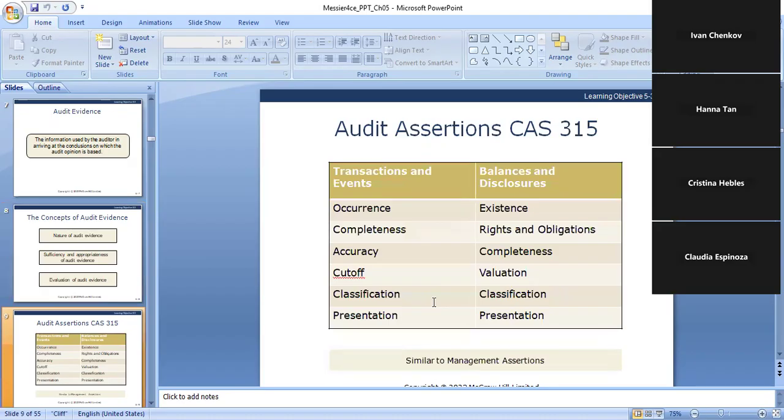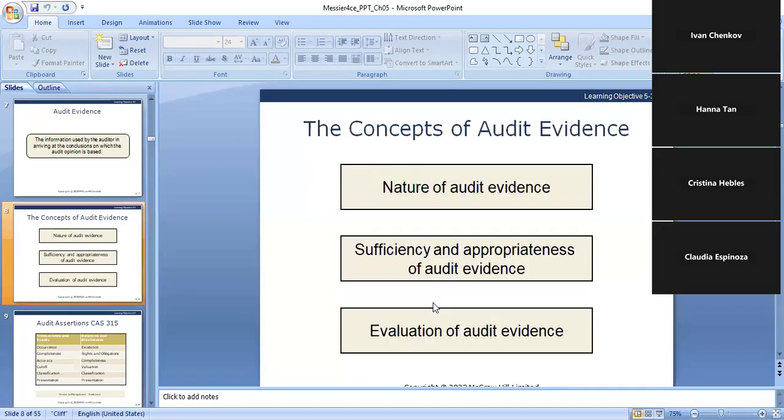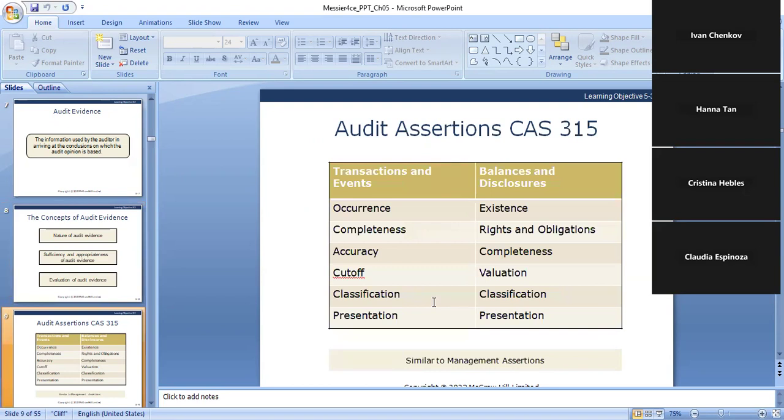Let's go one by one. The audit assertions. Again, the evidence that we're gathering is to help us assess the level of assertion for the transaction events and the accounts and balances.